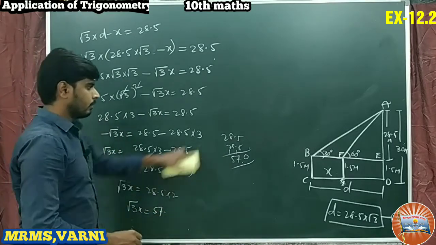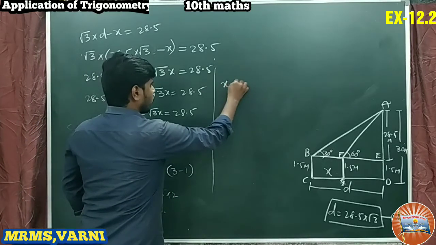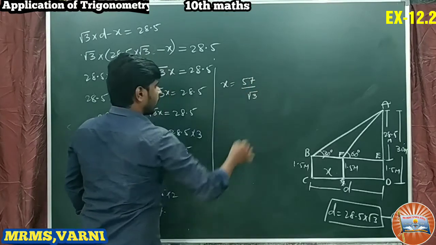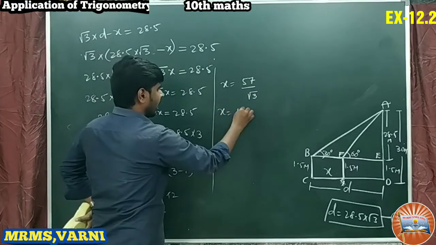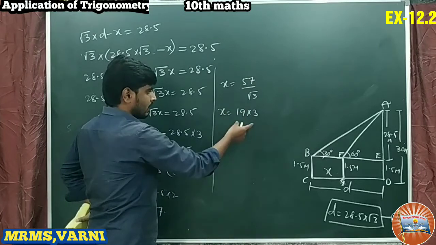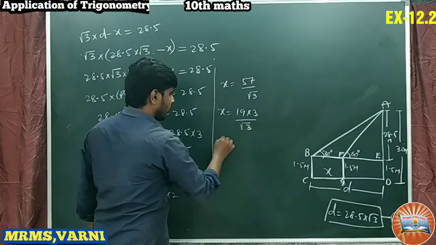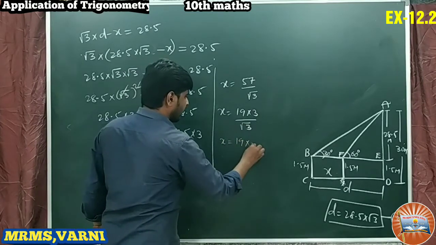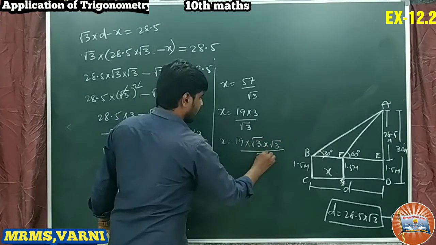So root 3x is equal to 57. So x is equal to 57 by root 3. Is it clear? This 57 we can write as 19 into 3, and root 3 as it is. So x is equal to 19 into root 3 into root 3 by root 3.